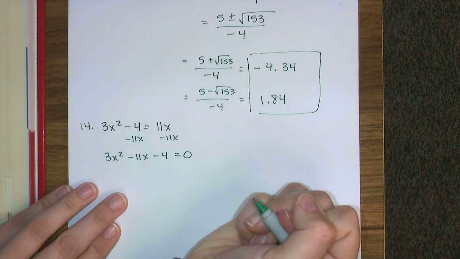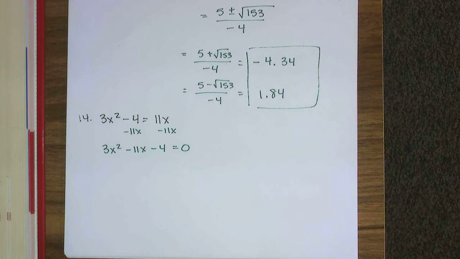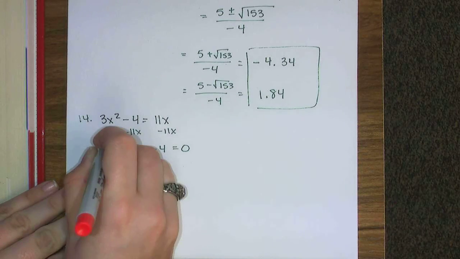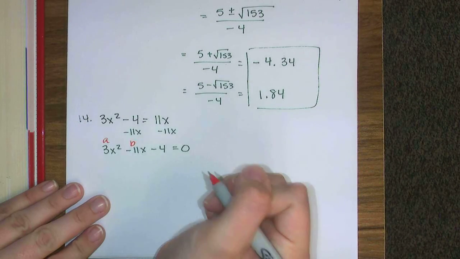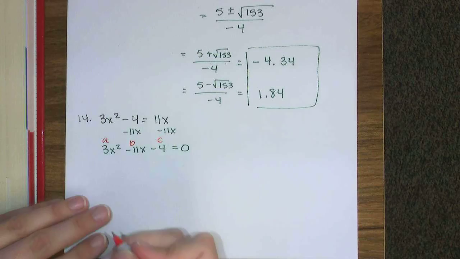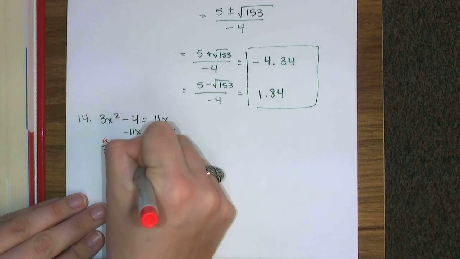Now the question is everything on the same side? Is it equal to 0? The answer to both of those questions is yes, meaning I can go down and I can use my formula. So this is A, so A is 3, B is negative 11, and C is negative 4. Again, with the formula, negative B plus or minus square root of B squared minus 4AC all over 2A.